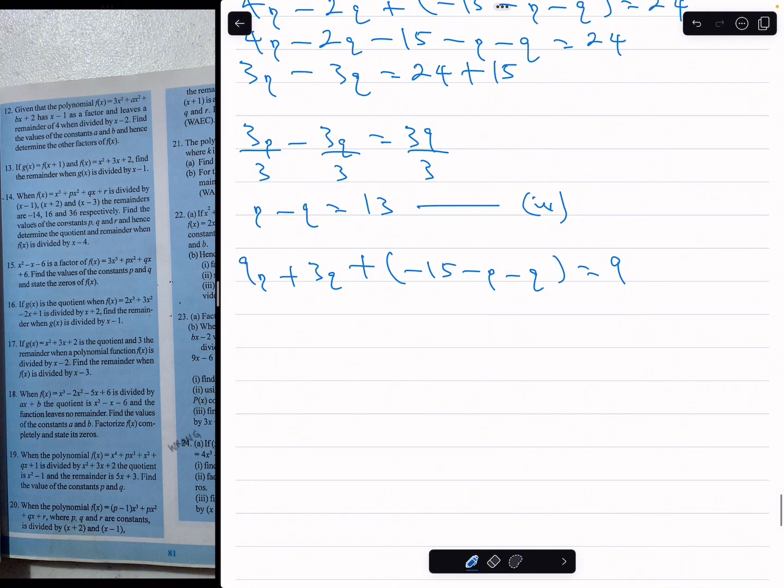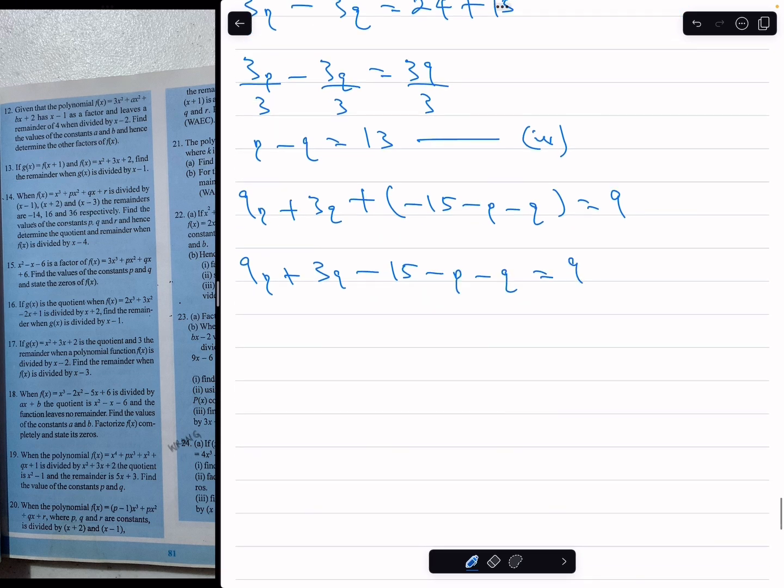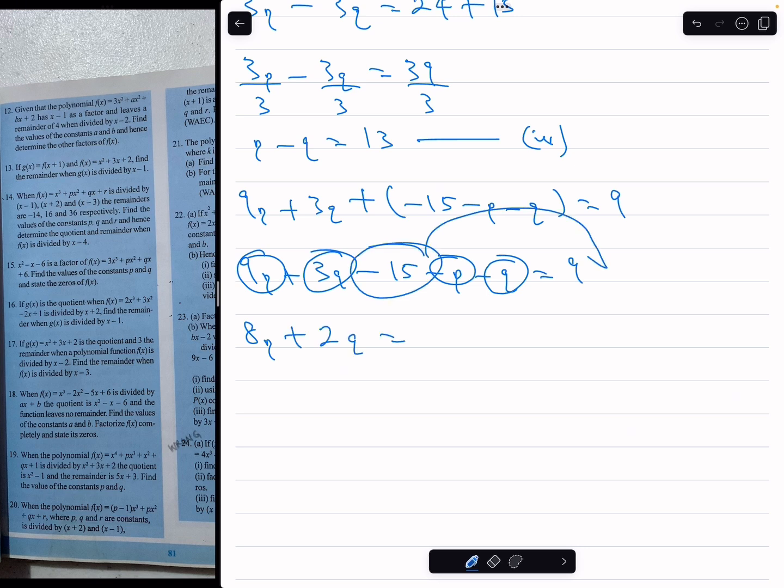So now I have 9p plus 3q minus 15 minus p minus q equals 9. 9p minus p is 8p. 3q minus q is 2q. If I take minus 15 to the right hand side, it becomes plus 15. So we have 9 plus 15 on the right hand side.